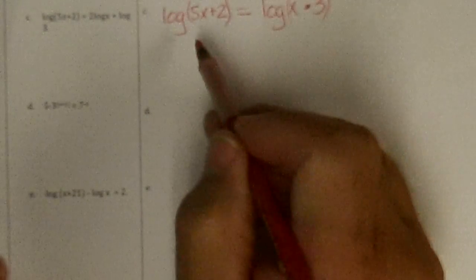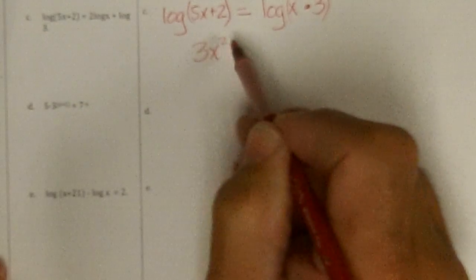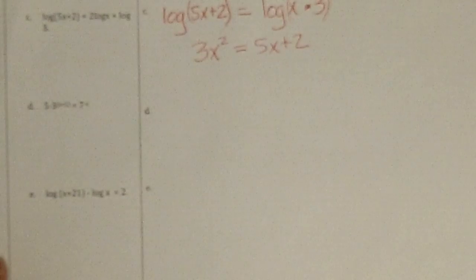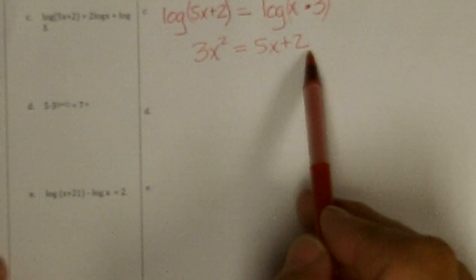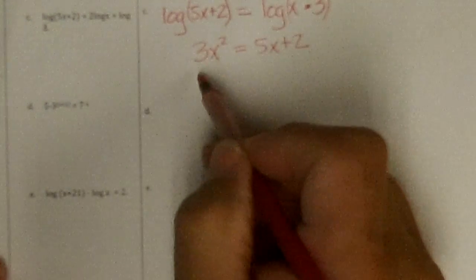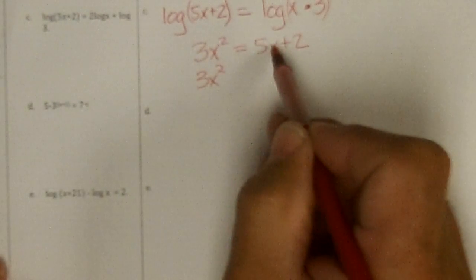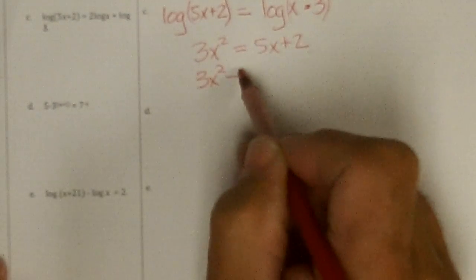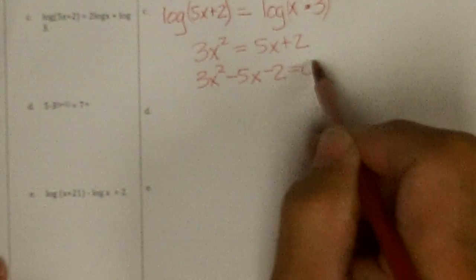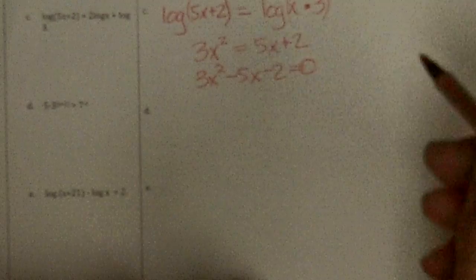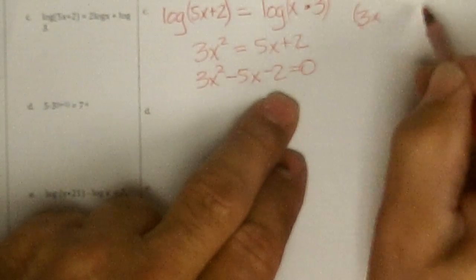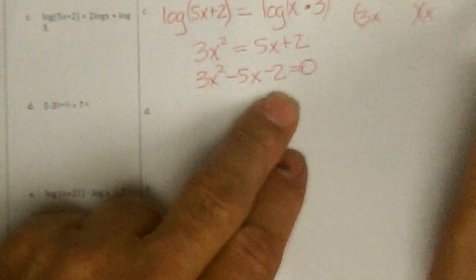So now this has to equal this. So we have 3x squared has to equal 5x plus 2. You should recognize this as a quadratic, and when you have a quadratic you should set it equal to 0. So you're going to have 3x squared, subtract 5x from both sides, makes minus 5x. Subtract 2 from both sides, you get minus 2 equals 0. If we factor that, we get 3x and x.